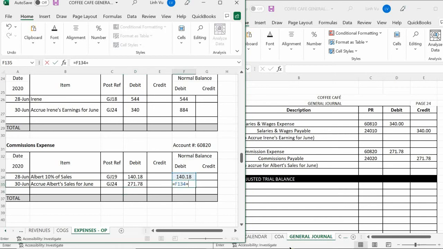So in this case, add these two numbers up together for a total of 411.96. Okay? So this is where I stop here.